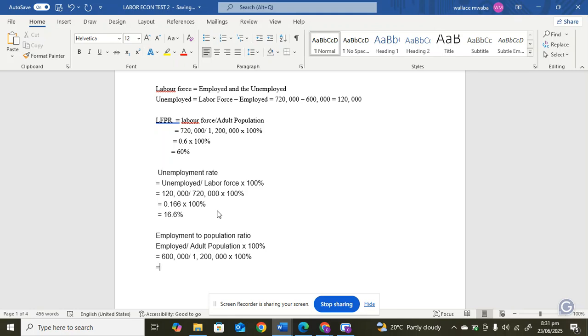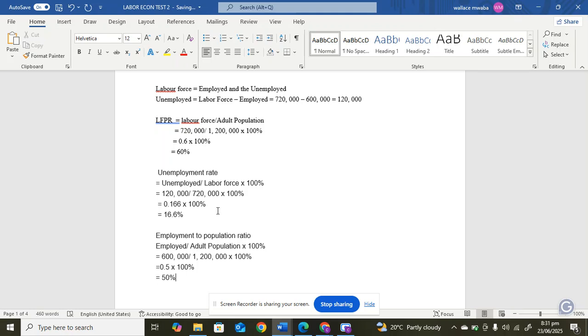So 600,000 divided by 1.2 million, that is 0.5 times 100%. 0.5 times 100% gives us 50%.